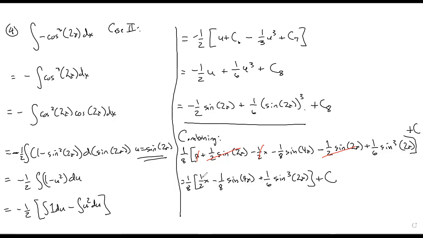Now, if I take a 2 out of each one of these, basically take out a 1/2, just to simplify things down a little bit, I get 1/2 x minus 1/4 sine 4x plus 1/3 sine cubed 2x, and then plus the arbitrary constant.